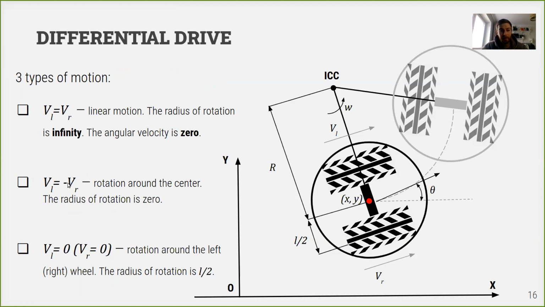If we have inverse velocities of our wheels, we will rotate around the center of our robot. It doesn't matter which wheel rotates where, we will just rotate either clockwise or counterclockwise, and the radius of rotation will be 0. And this is an important feature of differential drive, because we can just rotate in place, which is really convenient.